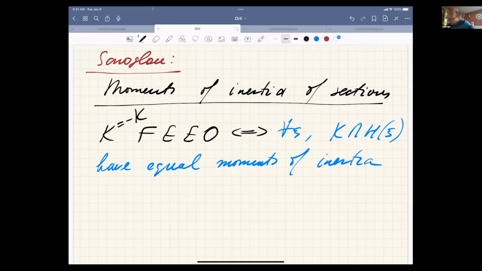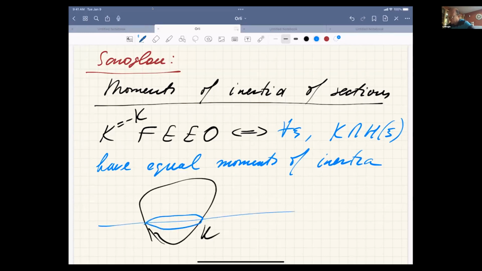Heuristically, this is clear. This is your K, you submerge it in water, and this is your section. If you want your body not to rotate in any orientation, then of course your moments of inertia with respect to any line passing through the center of mass should be the same in all directions.